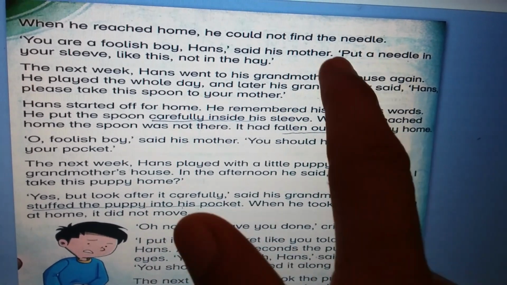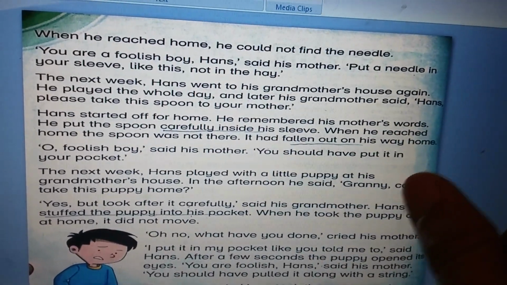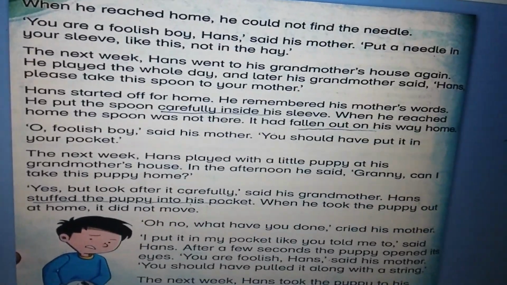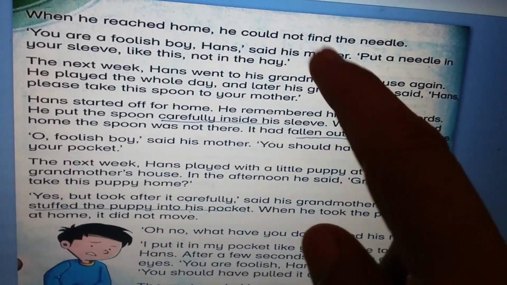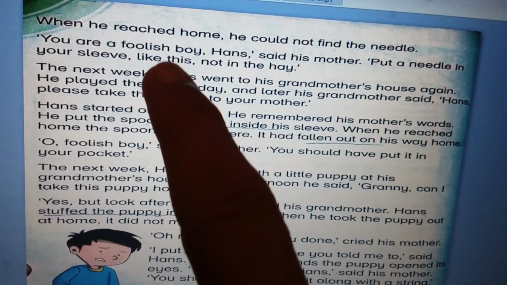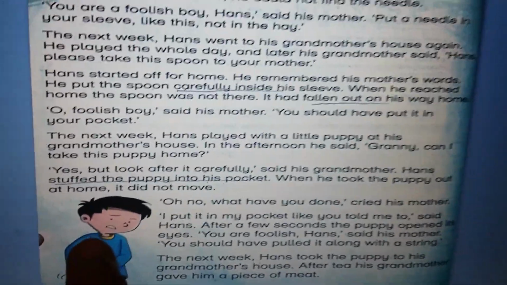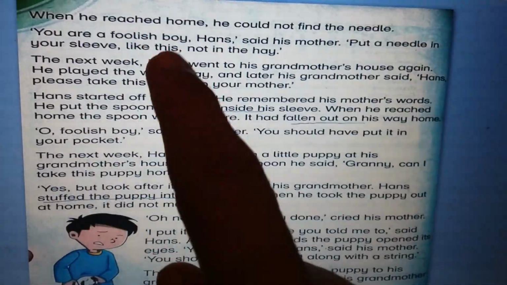He didn't find it because it was lost. And he said to his mother that I lost my needle. His mother said, foolish boy, you have to put it in your sleeve. Sleeve is this part of the garment.